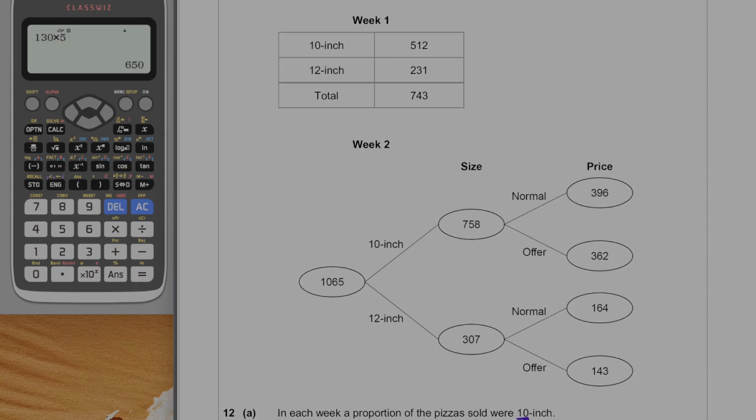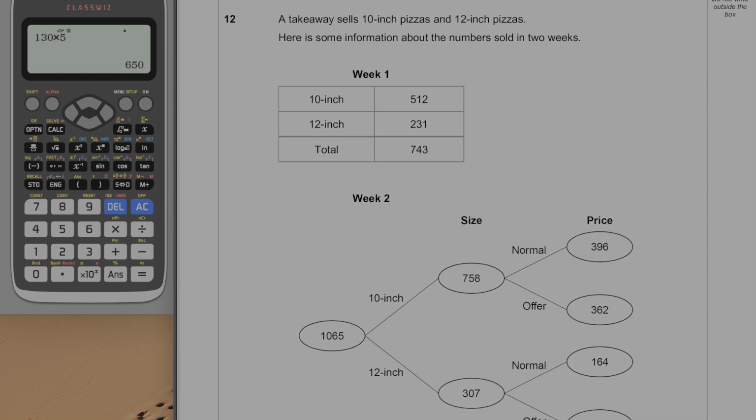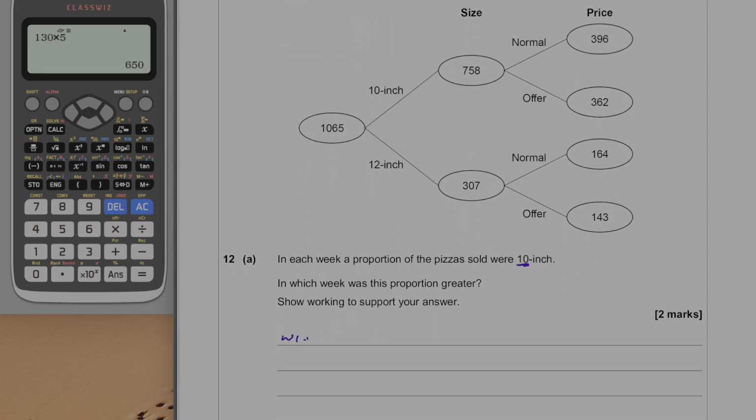Right, okay, so I slightly misread the question. So we've got proportion. So in week 1, the proportion of 10-inch pizzas is going to be 512 out of 753.